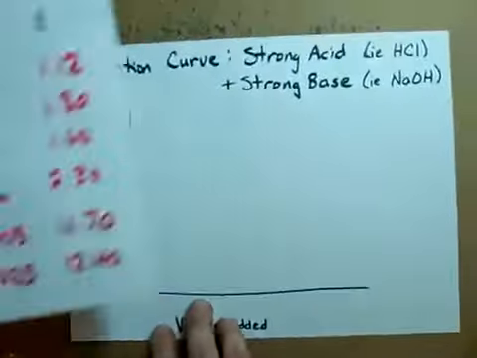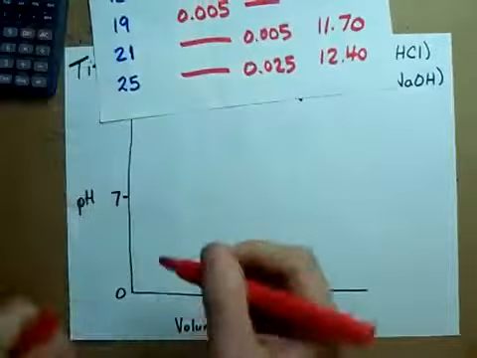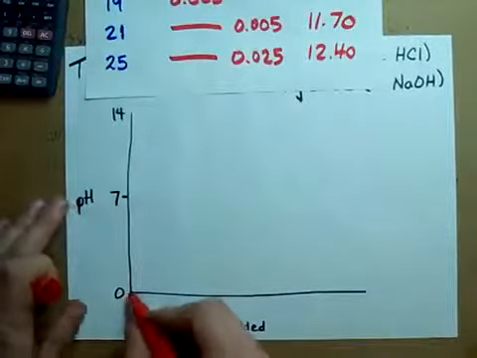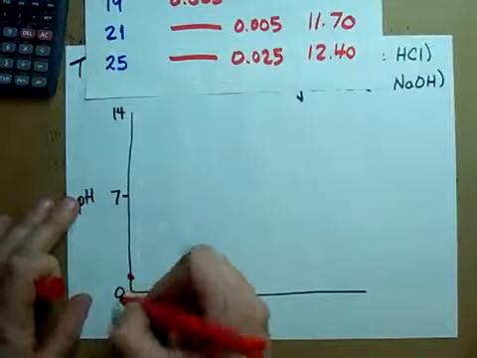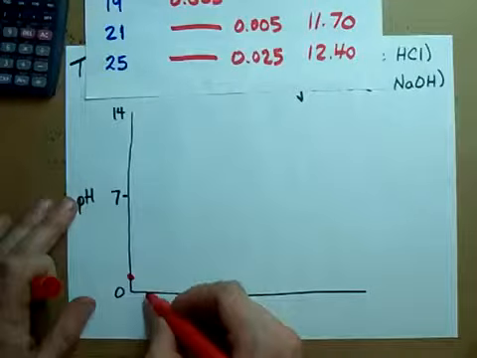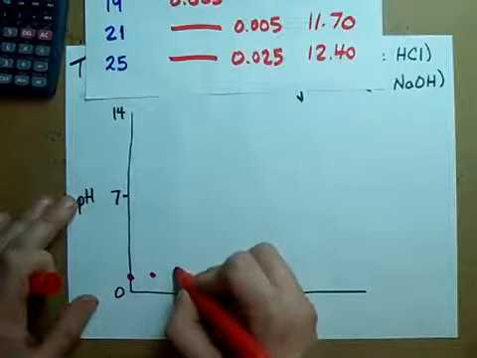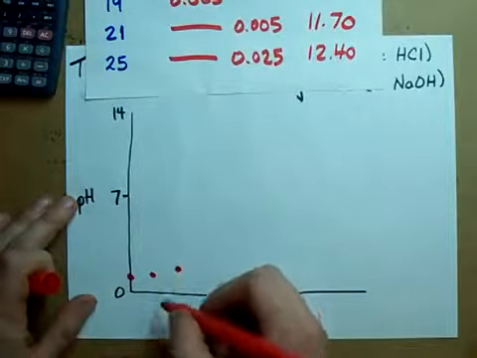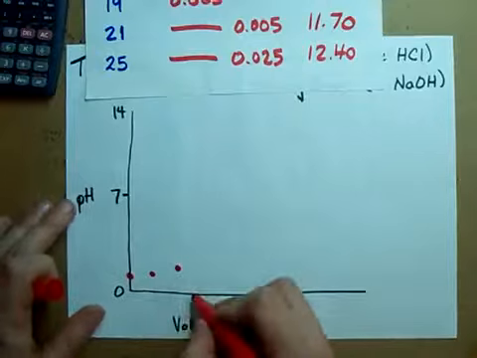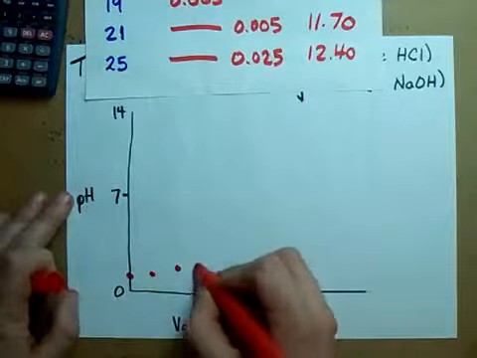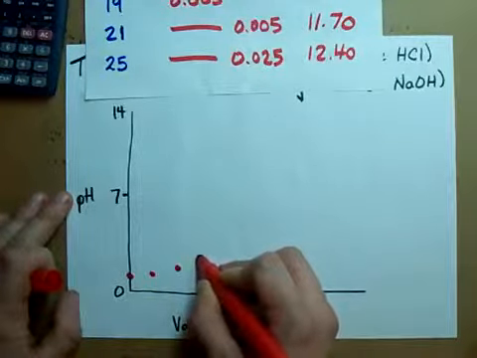Let me just plot these for you on a graph. When I added 0 milliliters, my pH was 1. When I added 5 milliliters, my pH was 1.12. When I added 10 milliliters, my pH was 1.3. When I added 19 milliliters, my pH was 2.3.